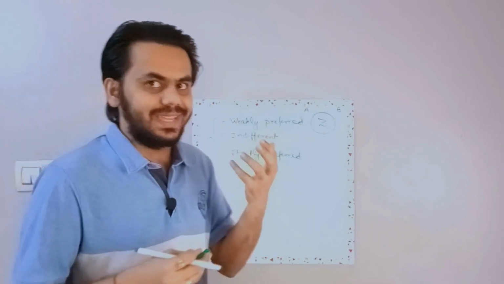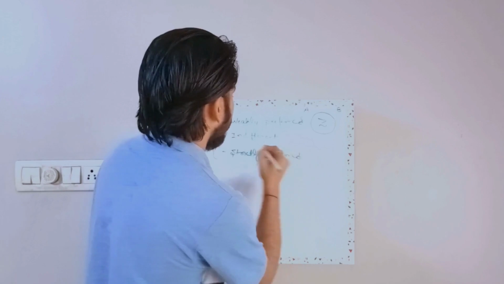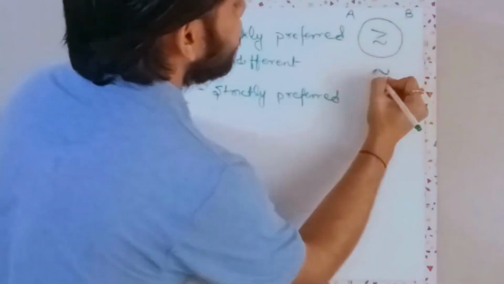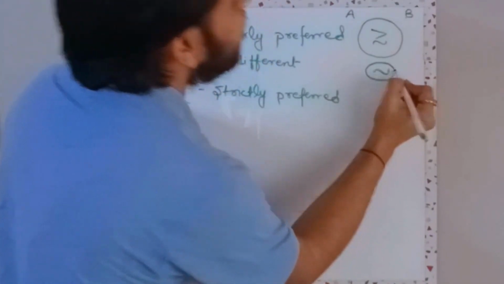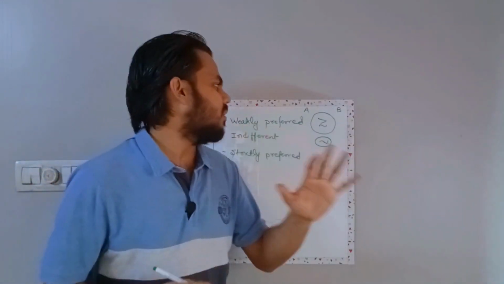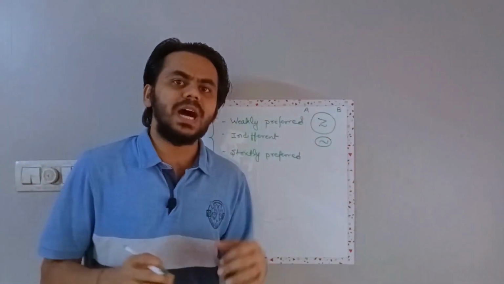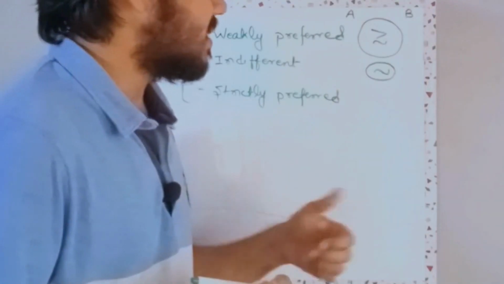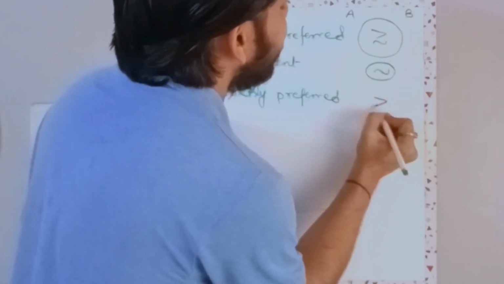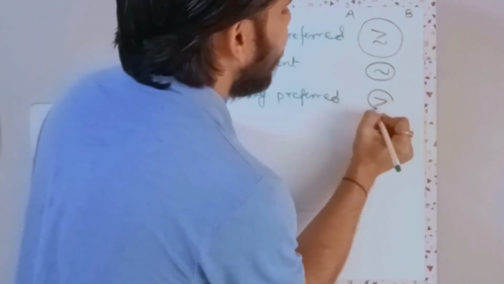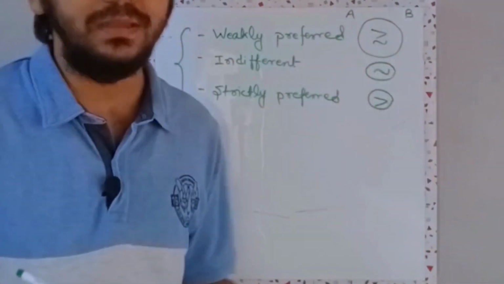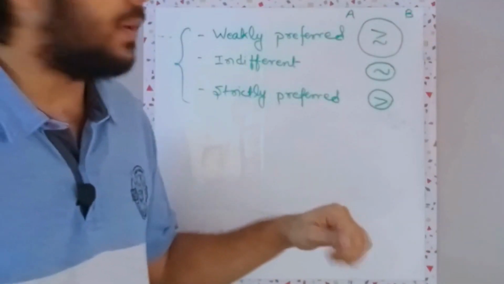Now what is the other case? The other case is indifference. Now I can say indifference is like this. Indifference means that I will always say that A and B are equal to me in terms of preference. Now what about strict preference? For strict preference, what you have to understand is I strictly prefer one of the consumption bundles. So over here I am strictly preferring A over B, right? So let's have a summary.